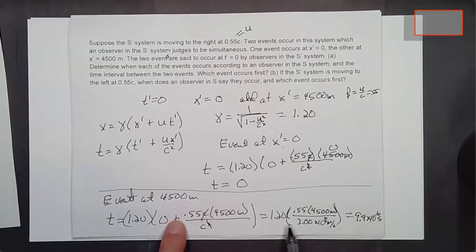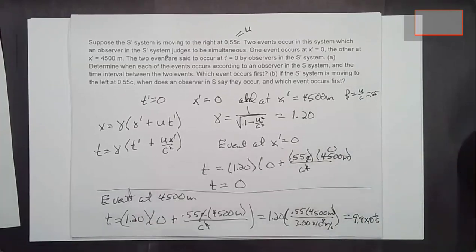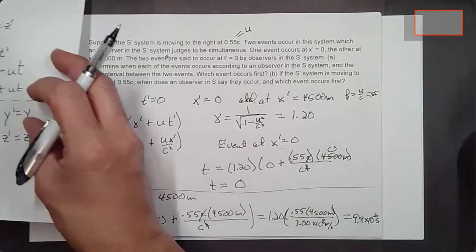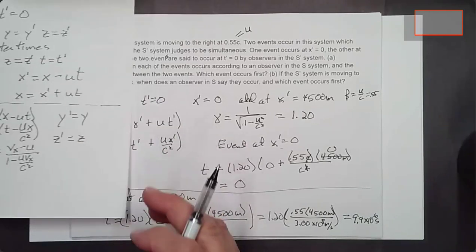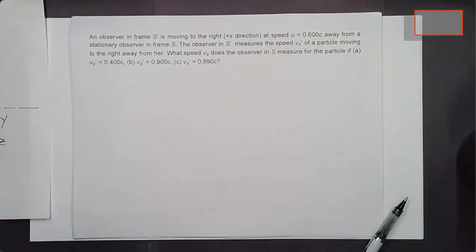And so you'd be getting a negative 9.9 times 10 to the minus 6 seconds. That observer in S would say that the event out there at 4,500 meters occurred first, before t equals 0. So that's what's going to change. These things are kind of weird, but you have to just kind of plow through and trust these relations and see how things go with them.